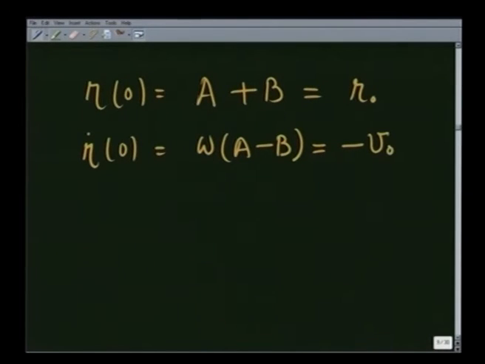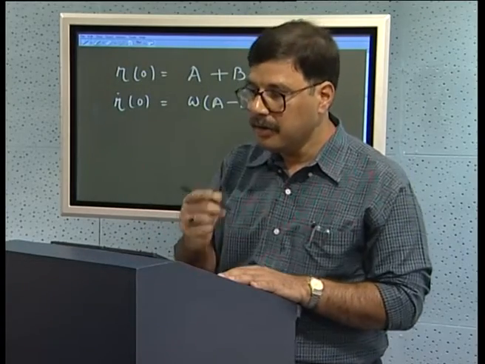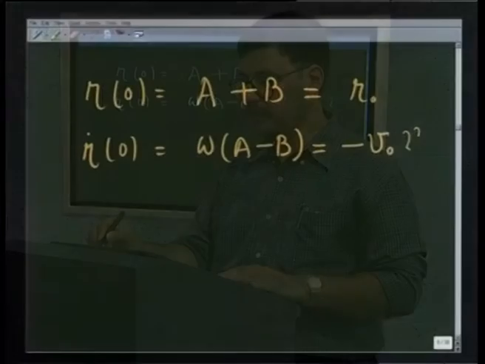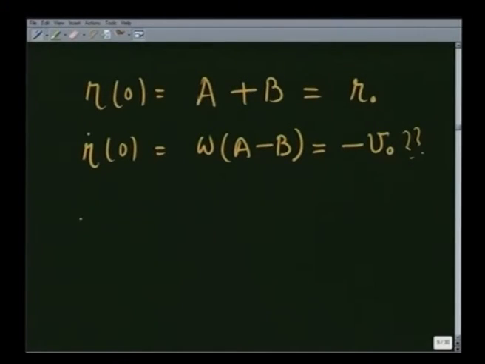I want to find that v 0 with which I push the particle in, so that it keeps on moving in. So, I want to find that velocity. All right. So, what I want is such a and b, so that the particle keeps moving in. This is my equation number 1. Equation number 2 becomes a minus b is equal to minus v 0 over omega.